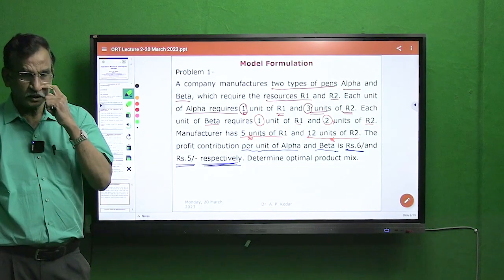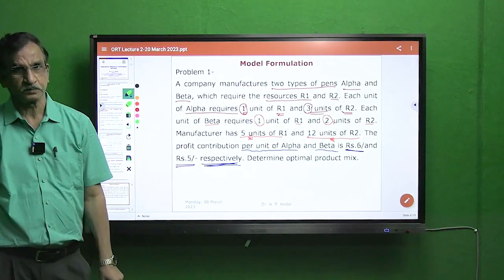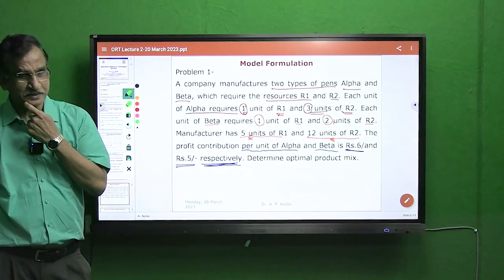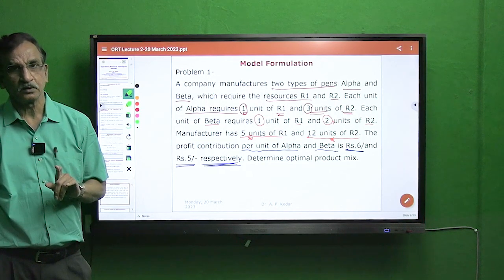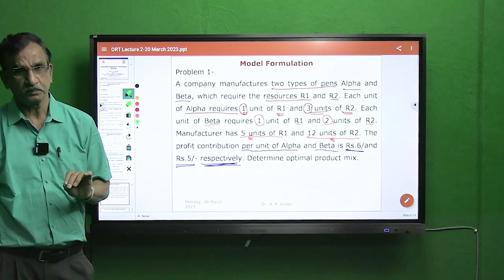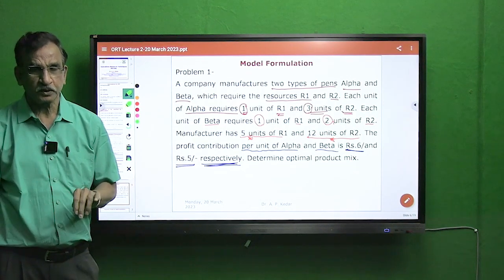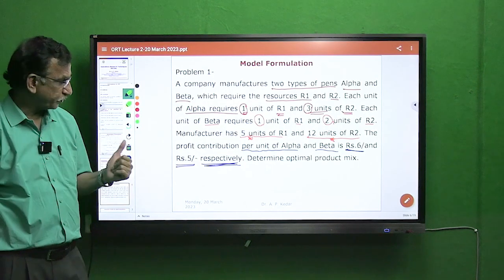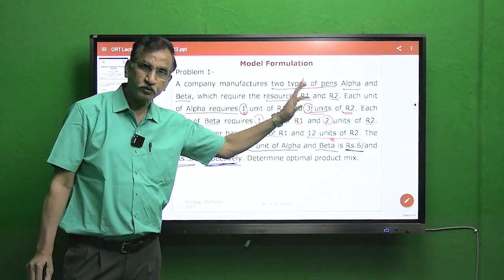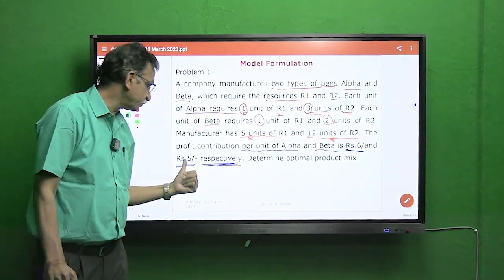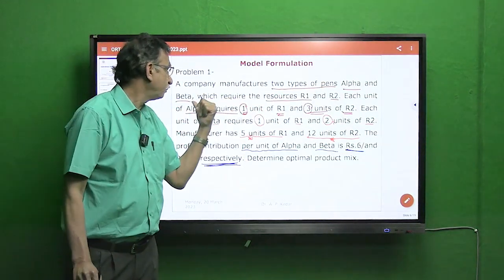Meaning, if the manufacturer produces and sells these products in the market, he will earn rupees 6 per unit on alpha and rupees 5 per unit on beta pen.